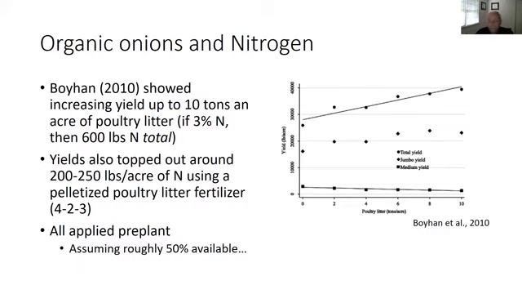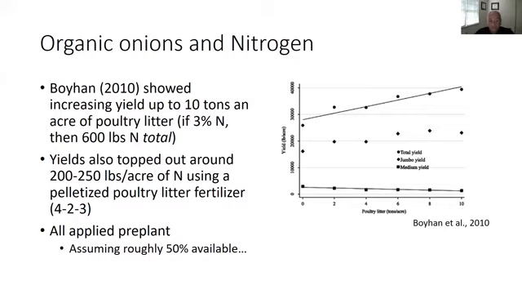Now that's quite a bit. If that was a 3% nitrogen poultry litter, that would have been 600 pounds of nitrogen total applied. The reason this worked this way is because not all of that nitrogen was available, as everybody knows. But still, that's a tremendous amount of nitrogen put into the system to achieve those yields.